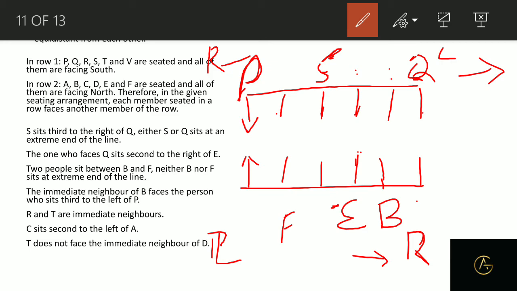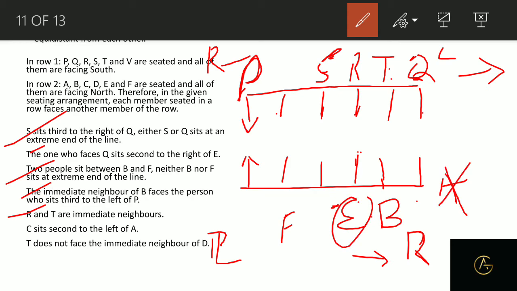So the next point is: we have done this, this and this and this. R and T are immediate neighbors. R and T will come here only because no other space fits them. C sits second to the left of A. Left of A, second. If I take A here, the second position will come where E sits.